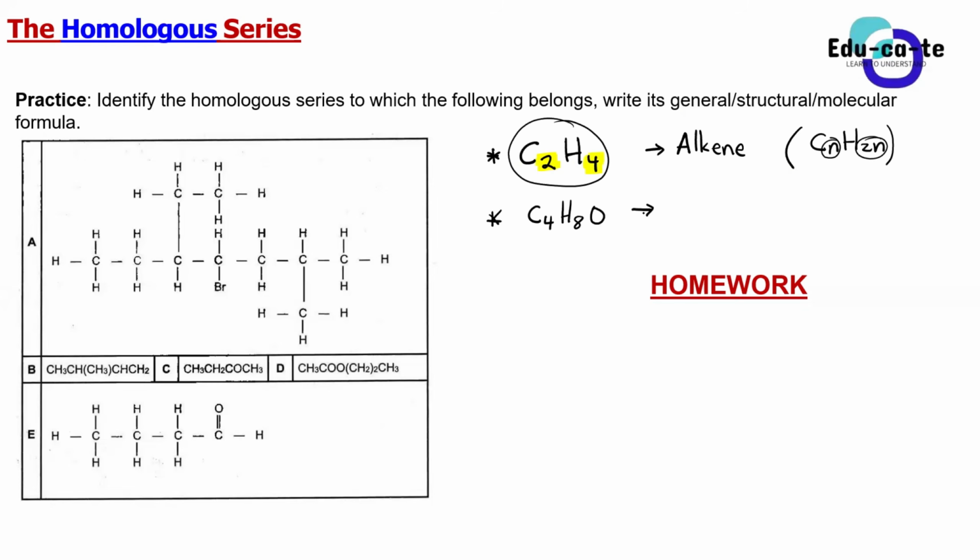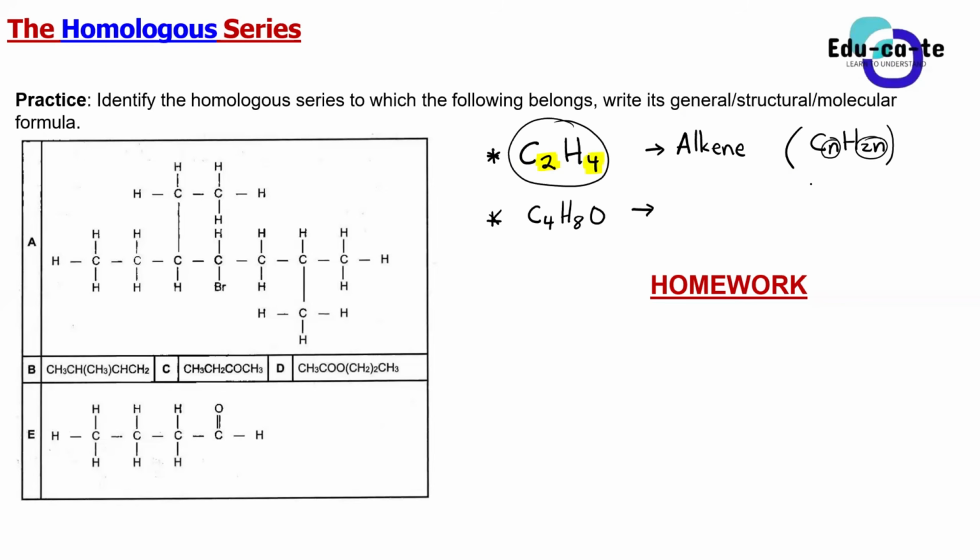Can you say it's a carboxylic acid? Why? Because at the end it says an oxygen. How many oxygens does a carboxylic acid have, guys? Let me repeat again.